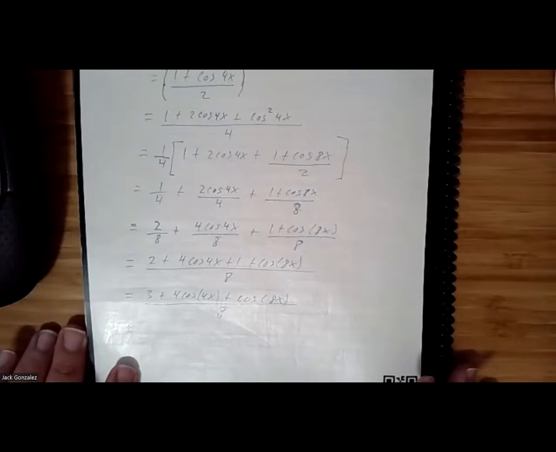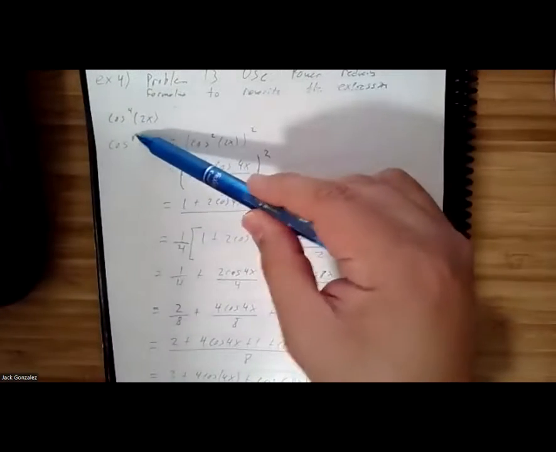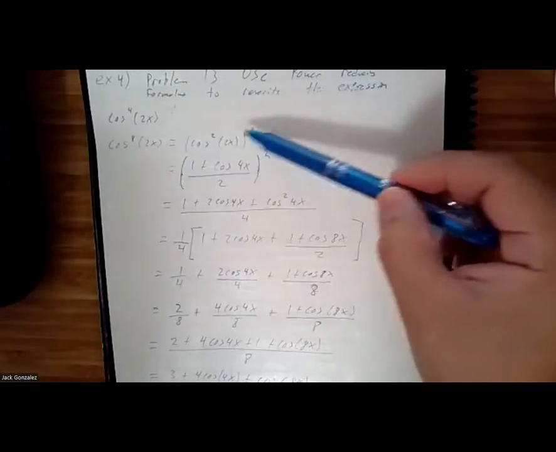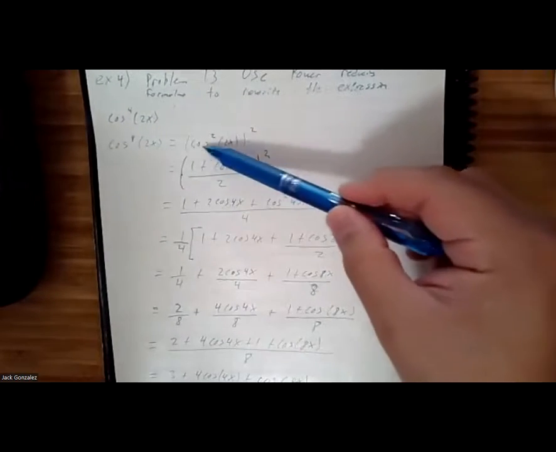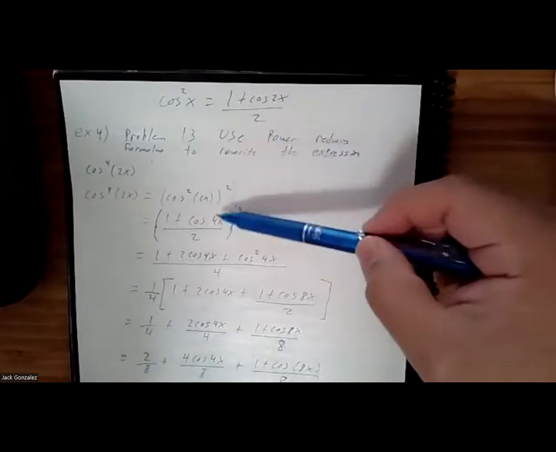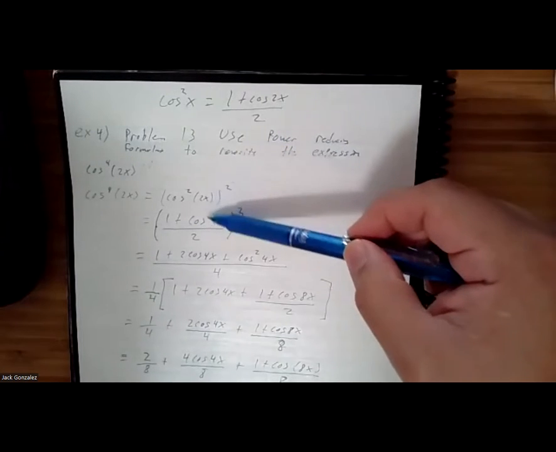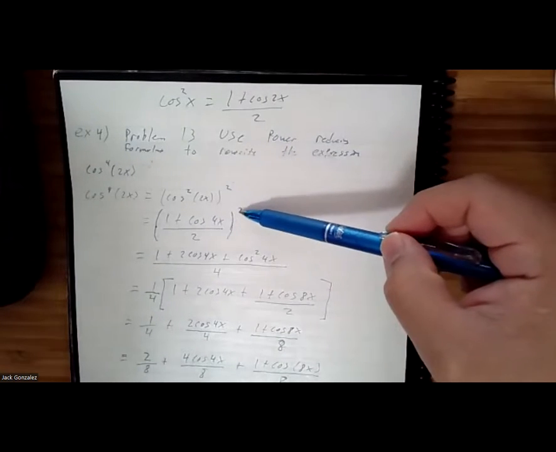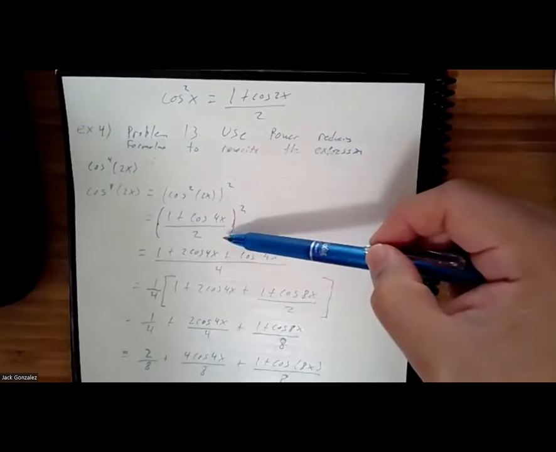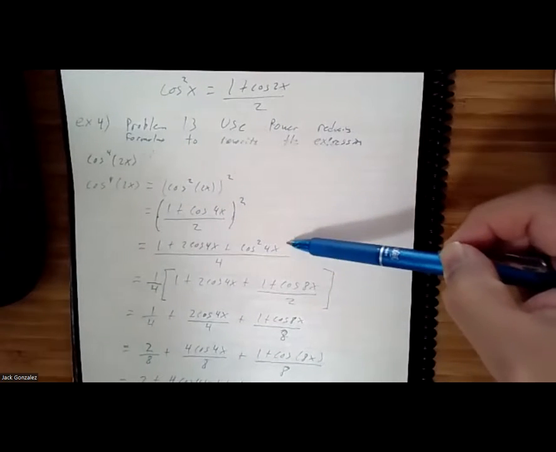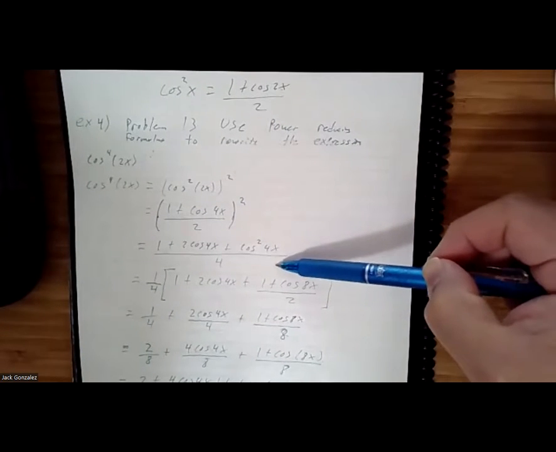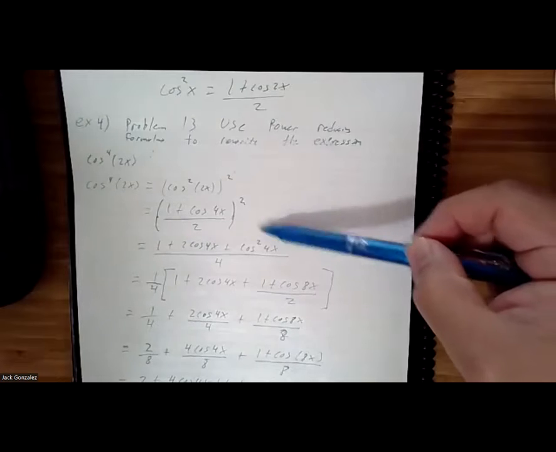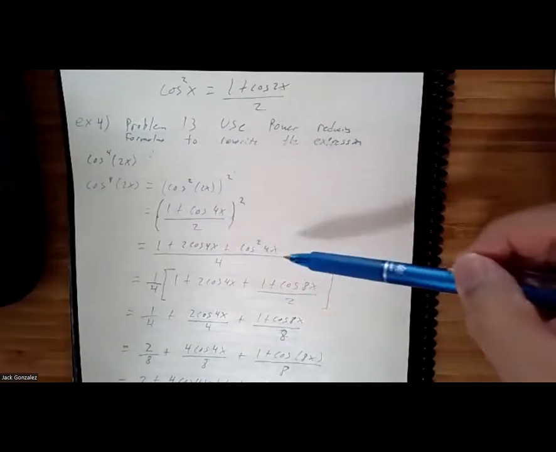So let's start from the top, right? We had a 4th power. I broke it into squared because 2 times 2 is 4. I applied the power reducing formula that's up here one time, which doubled the 2x to 4x. I squared the top and squared the bottom. That got me to here. Then I noticed, well, I still have a square from the expansion here.